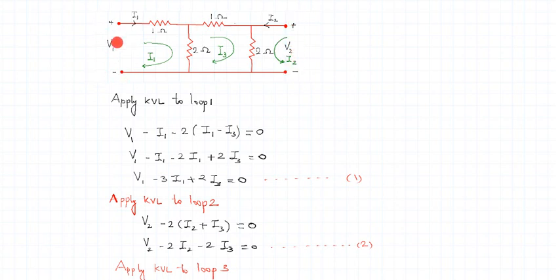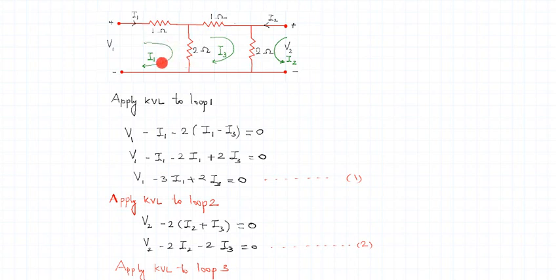Applying KVL to the first loop, we can write the equation as V1 minus I1, the only current that flows through this resistor is I1, minus 2 into the current which flows through the 2 ohm resistor. Two currents flow through this 2 ohm resistor, I1 and I3, in reverse directions.